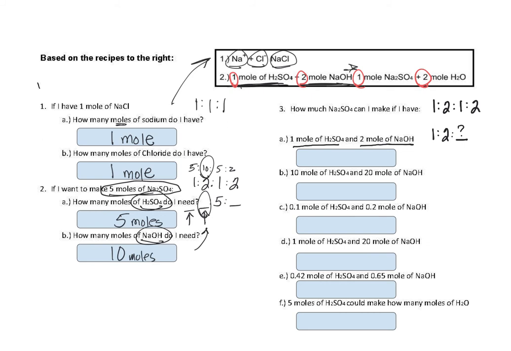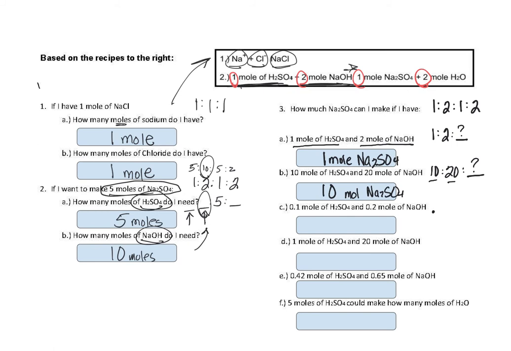Well, the ratios are the same, so in this case, I could make 1 mole of Na2SO4. What if I had 10 moles of the sulfuric acid, 20 moles of the sodium hydroxide? How much then could I make of the sodium sulfate? Well, I could make 10 moles of the Na2SO4. I just have to keep the ratio the same.